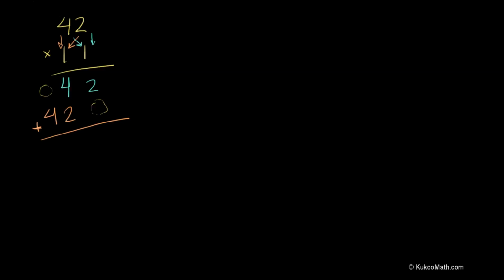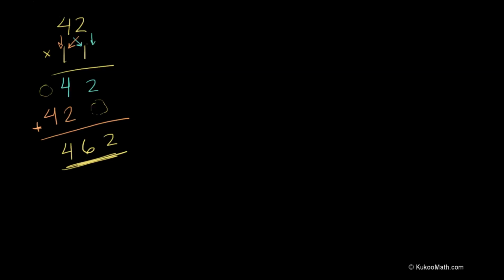So what we get in the end is if we add straight down, first we do 2 plus 0, which is 2. Then we do 4 plus 2, which is 6. And then 0 plus 4 is 4. Then this is our answer right here. Seems like magic, doesn't it? 42 times 11 is equal to 462.